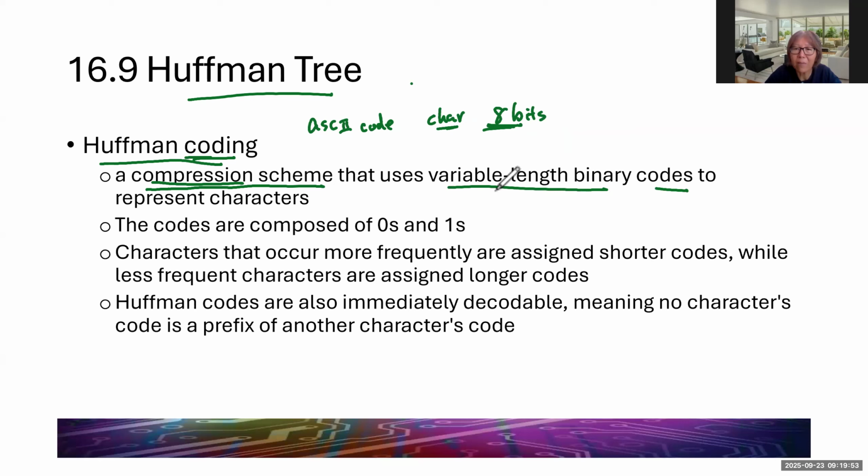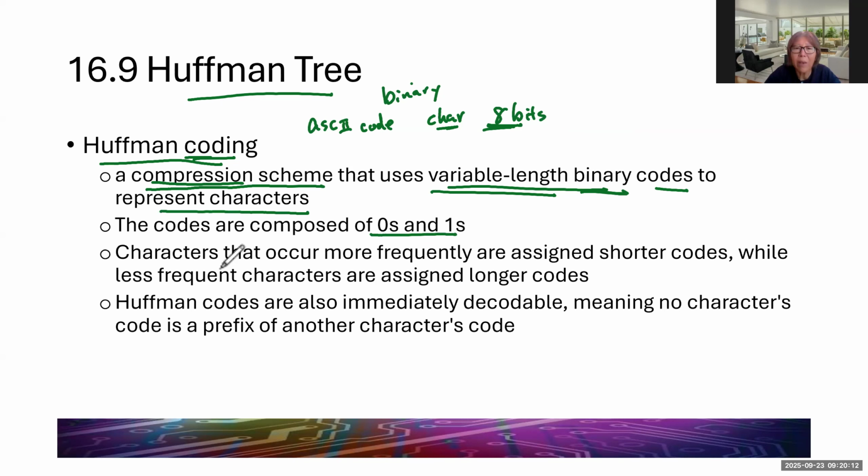But in Huffman coding, the code is variable length, so not fixed. And also binary, same as ASCII code. The difference is that this is variable length. So it uses variable length binary code to represent characters. Binary means 0 or 1.